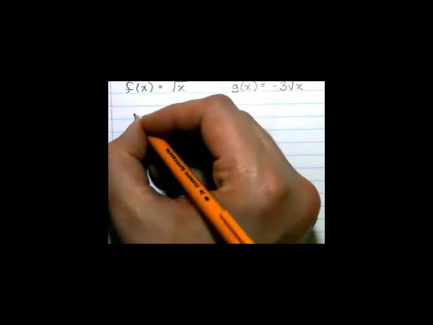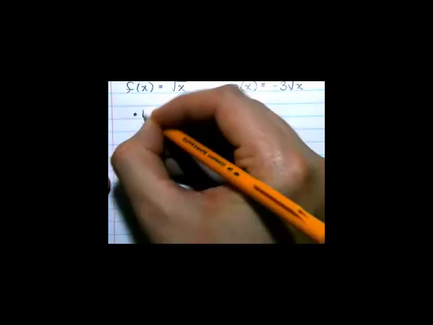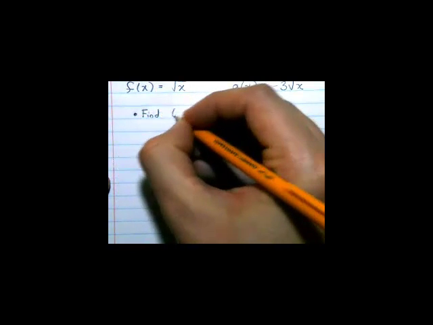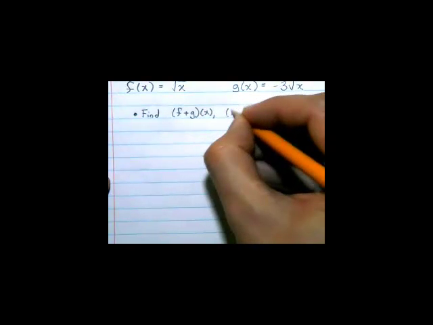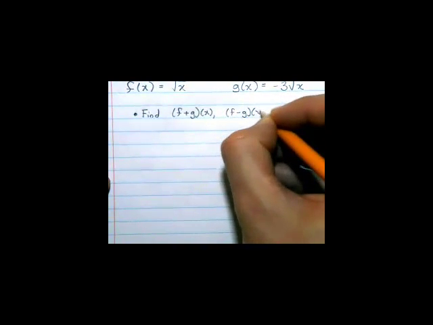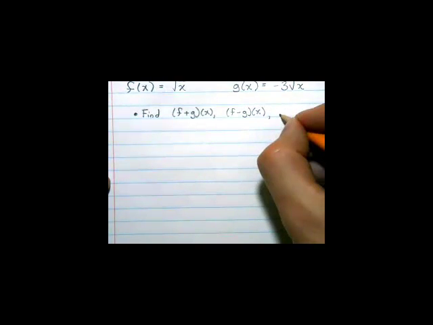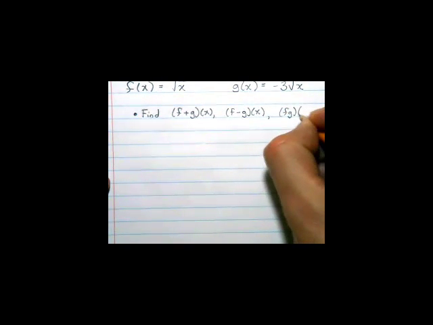Okay, and I'll just stick with a couple of roots again. So we'll say f of x is the square root of x, g of x is negative 3 root x. And so our directions will be: find f plus g of x, f minus g of x, f g of x, and f over g of x.